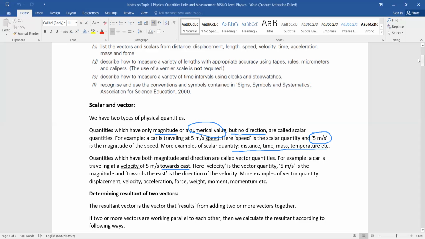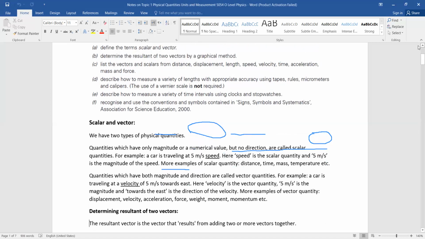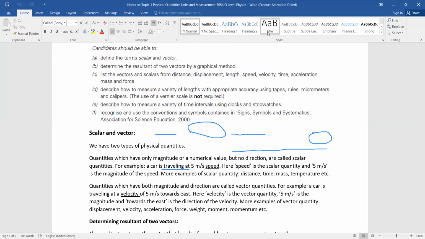Now the other learning outcome. Look, determine the resultant of two vectors by a graphical method.